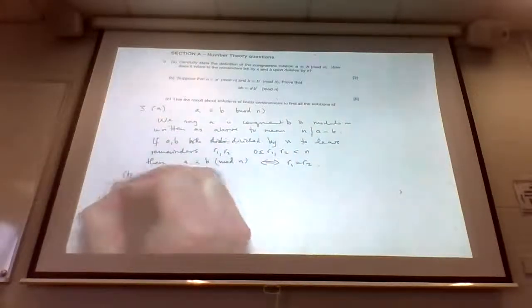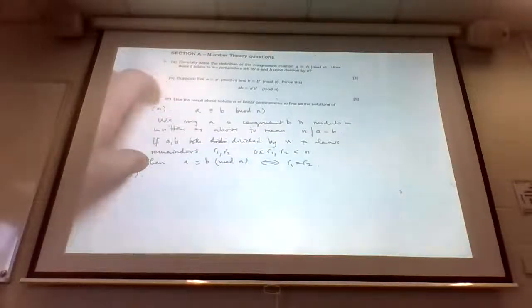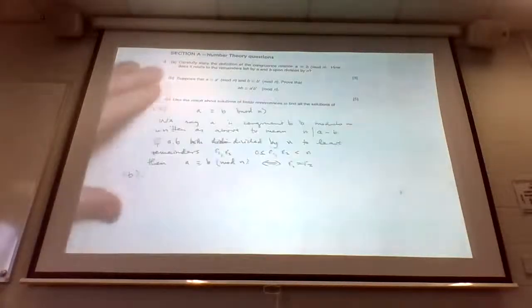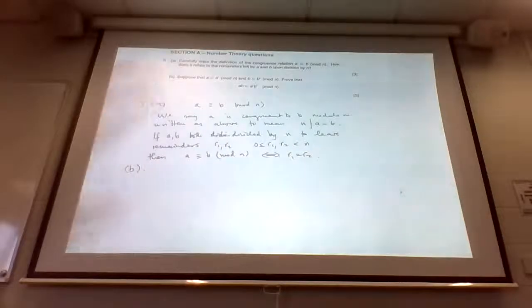So let me go into part B, which is one of the key properties. There are several key properties of the congruence relation, and how they mesh well with the operations of addition and multiplication of integers. Basically, the operations of addition and multiplication can be extended consistently to give you operations on the congruence classes.